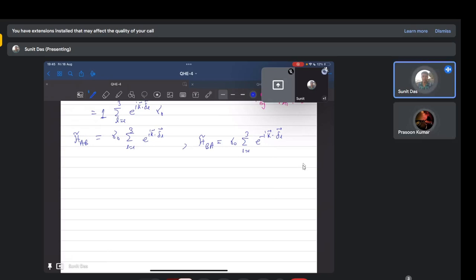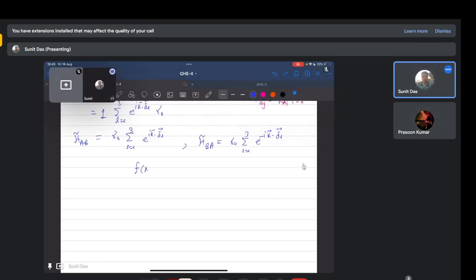Sometimes we actually give a name to this function, f of k, which is simply the sum over l equal to 1 to 3 of e to the power i k dot delta l. Then H_AB tilde will be gamma 0 f of k, and H_BA tilde gamma 0 f of k star, the complex conjugate.